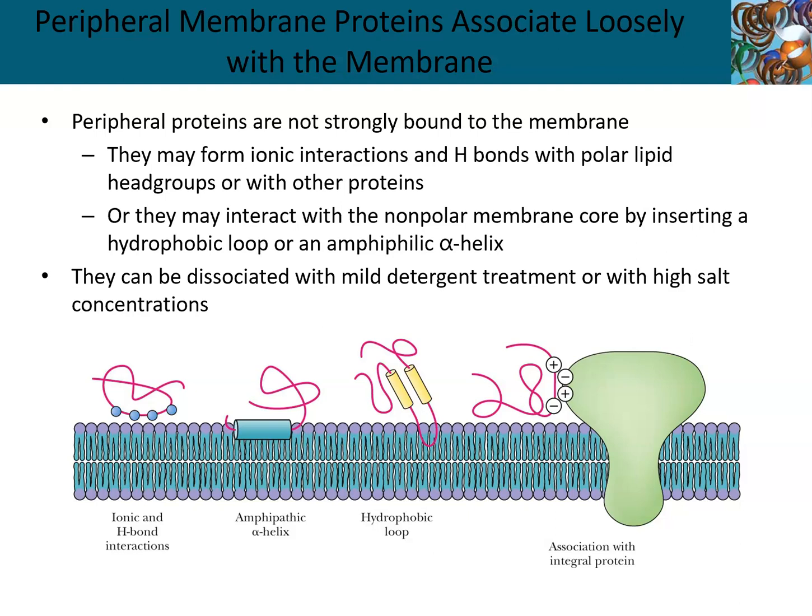So one of the things that you can do experimentally in the laboratory is you can easily dissociate most of these peripheral membrane proteins from the membrane through mild detergent treatments or aqueous treatments with some salt solutions, which break up these ionic interactions or hydrogen bonding interactions.